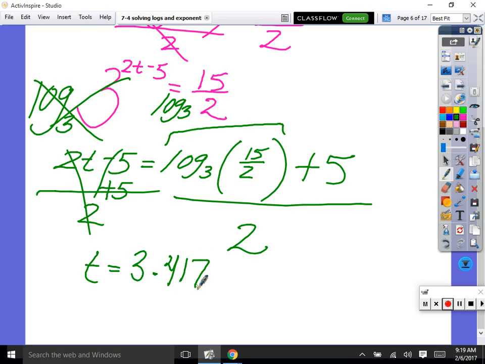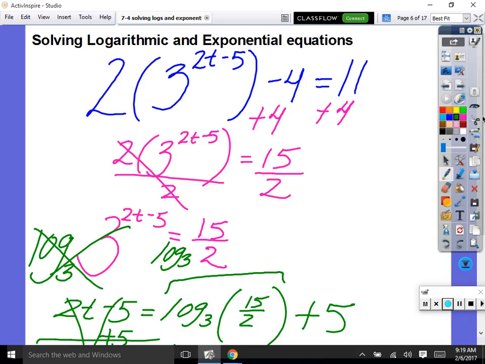Now I am going to know if I typed it in right by checking my answer every single time. So watch. We have to type in the full decimal. So I'm going to type in 2 parentheses, 3 raised to the 2 times second answer. I've got to use parentheses up here like no other. So I'm going to show you how I'm typing into my calculator.